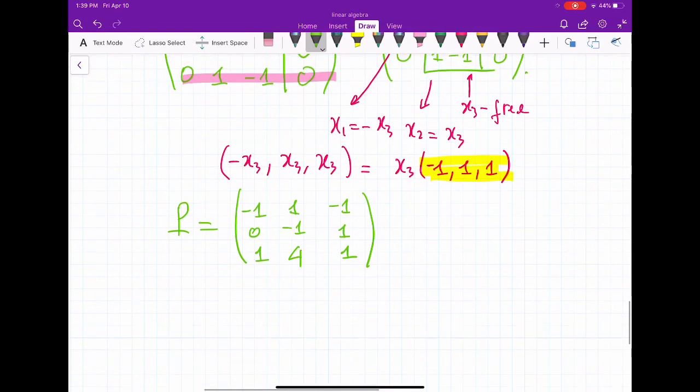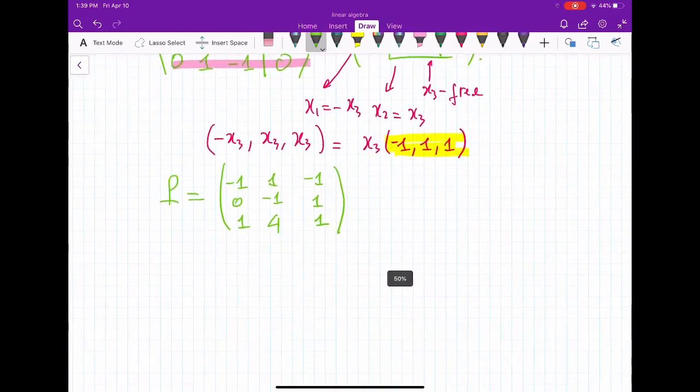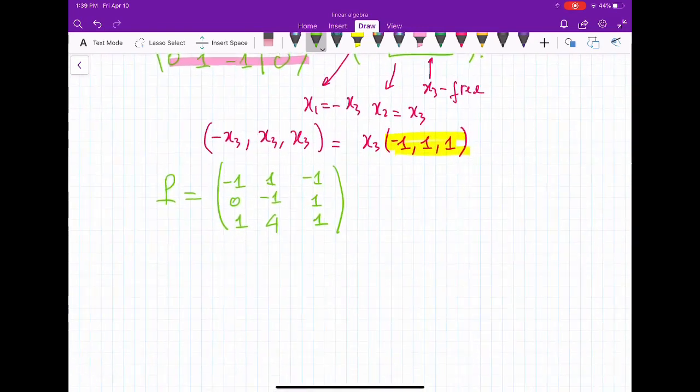Okay, and how to write the diagonal matrix in this case? The diagonal matrix look like the first is corresponding to the first eigenvalue, that is 2. The second is for the second eigenvalue, that is -2. And the last one is for 3.